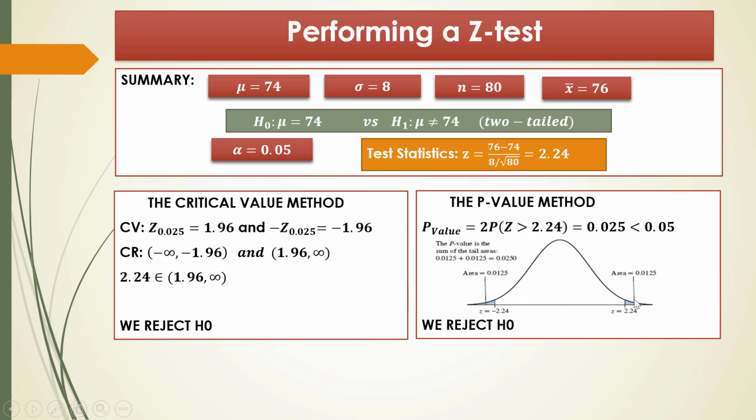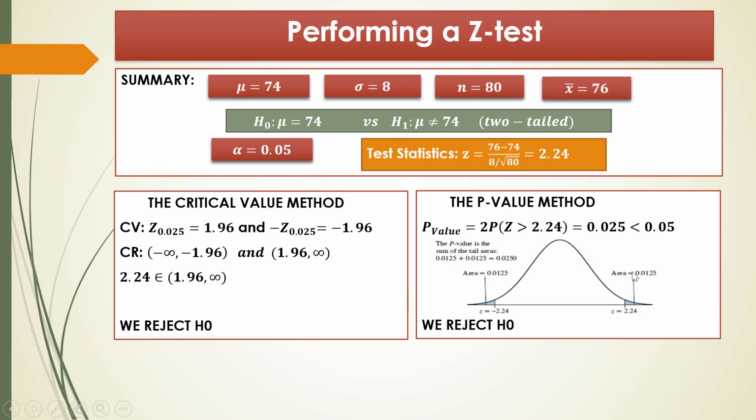And because this standard normal curve is symmetric, you can either find the area to the right of 2.24 and then multiply by 2, or find the area to the left of minus 2.24 and multiply the answer by 2.